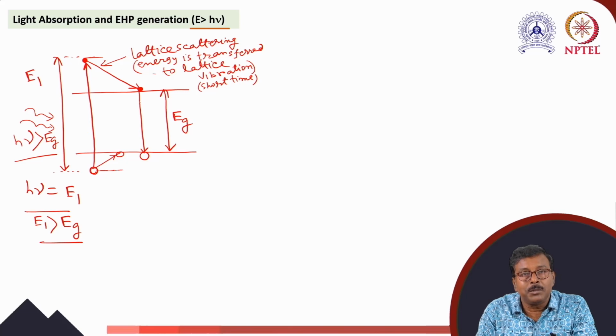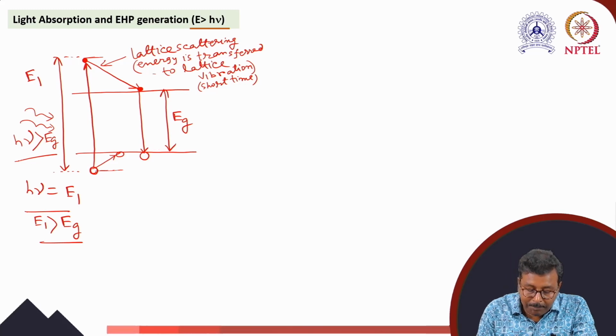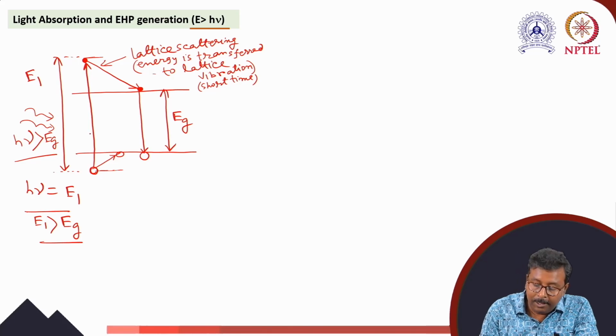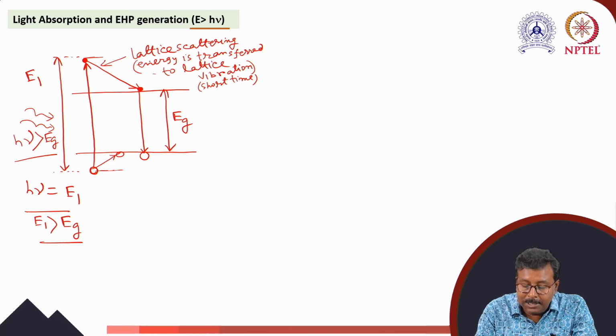So there is a continuous process of generation and recombination if light is incident on a material, particularly if light is incident with energy greater than the band gap energy. And in this process, some energy is lost. Lost means some energy is lost to lattice vibration.